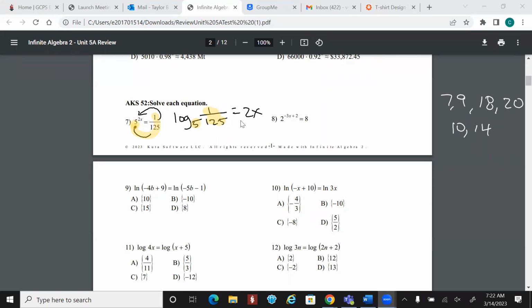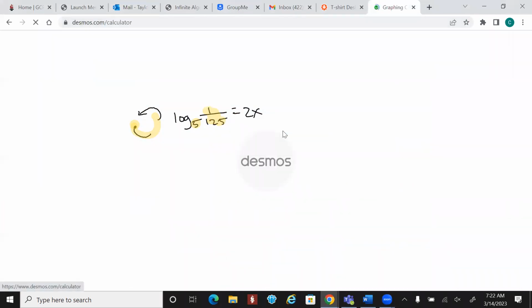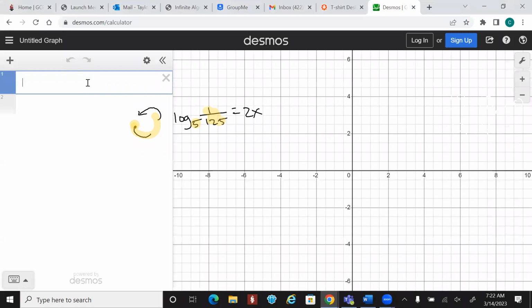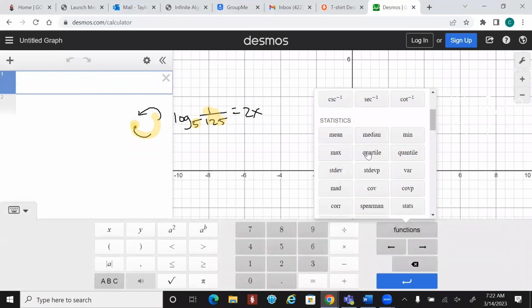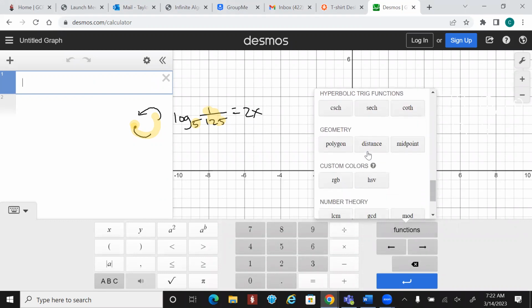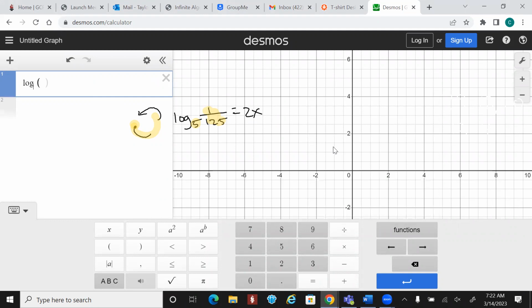Now that we're here, we're going to take this and plug it into Desmos. Remember, you can only do this in the Desmos graphing calculator. You cannot do that in the scientific. When you type this in, you're going to go to the keyboard, go to functions, and then scroll down to where it says log of base A. You're going to type it in.